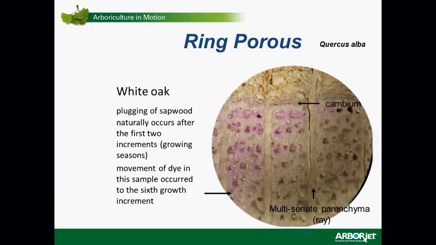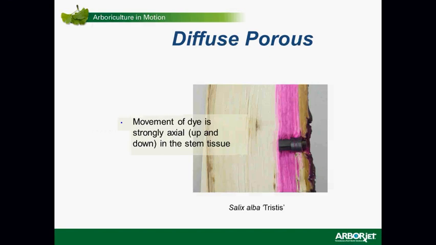So white oaks can present more of a barrier to tree injection, as I implied earlier. But just because some of those elements are tylosed doesn't mean you absolutely do not get movement through those increments. And here we see movement of dye through the 6th increment.